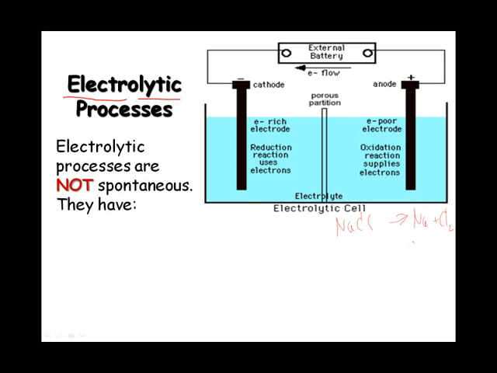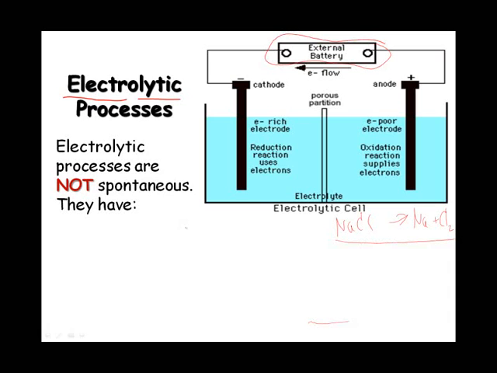So there's a lot of differences between an electrochemical cell and an electrolysis cell or an electrolytic cell. And the biggest one is that the electrolytic processes are not spontaneous. They require you to use a battery, and that battery provides power to allow this breakdown of products into their elements to occur.